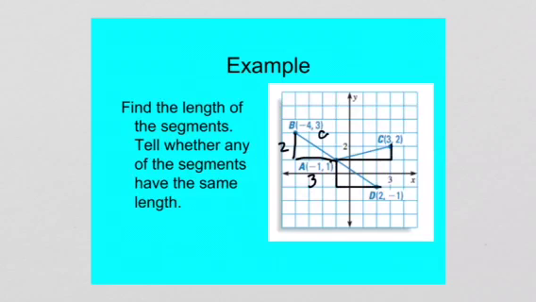You can see right away if this is a change of 1 and 4, this is a change of 2 and 3. Right now I can see from B to C and from D to A, they have equal measures or equal lengths because their horizontal and vertical changes are the same.